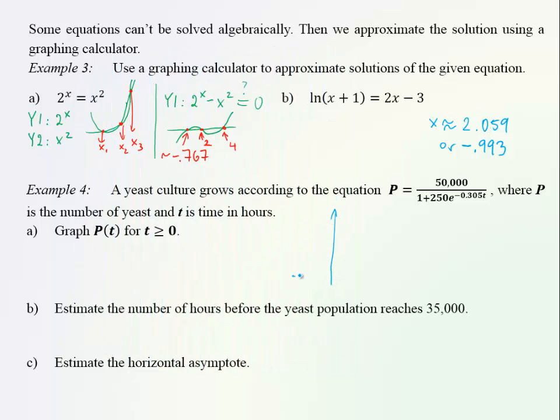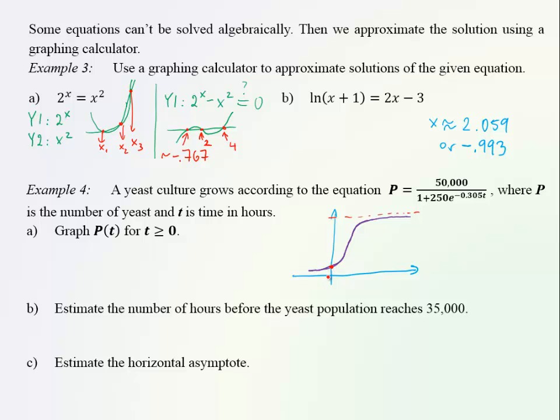So the shape turned out to be approximately like this, as we may expect, a logistic curve. For t bigger or equal to 0, it starts above the x-axis and it stabilizes at a certain level. It would be nice to find out what this level is.